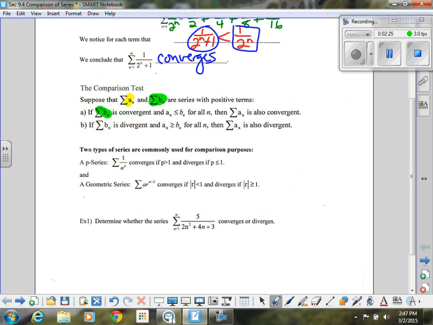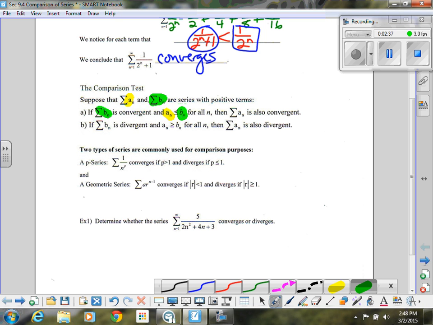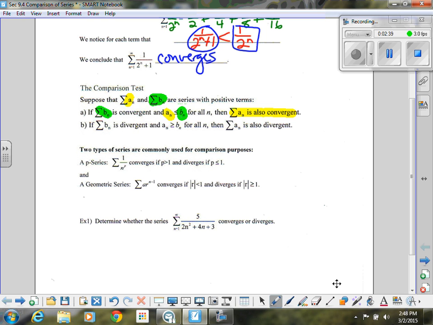So if the terms of the one that we're trying to figure out are always less than the terms of the one that is more familiar, then the original one will also be convergent. So think about that. If I've got something that's getting closer and closer to some value, and I have other values that are always less than that, then that will also be converging to some value. Maybe not the same value, but it will be converging to a value.